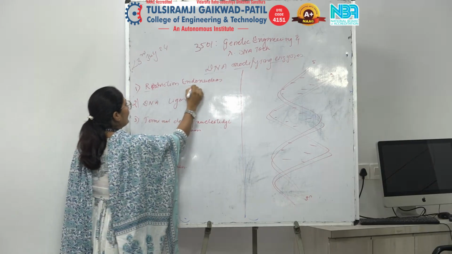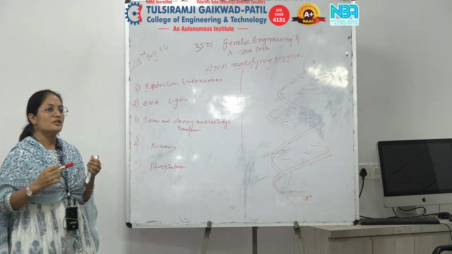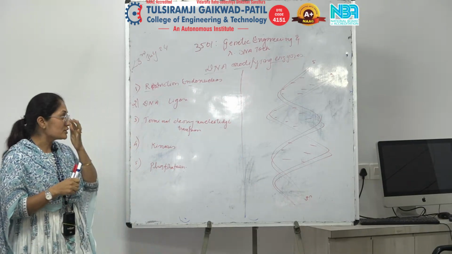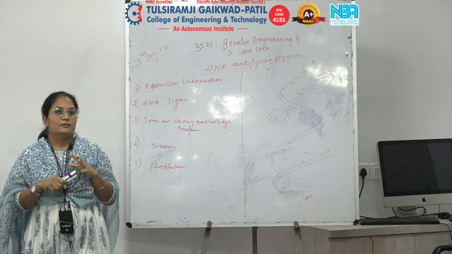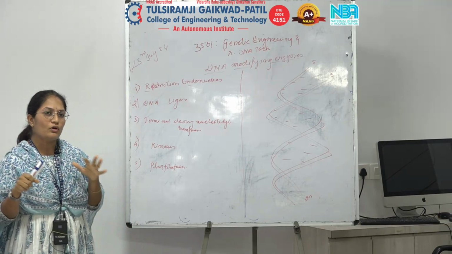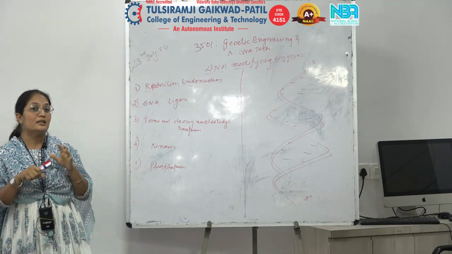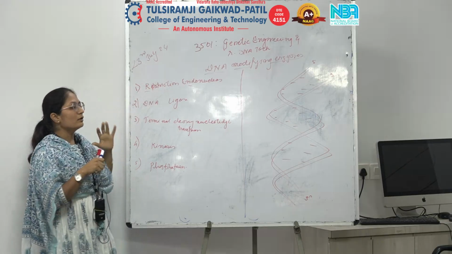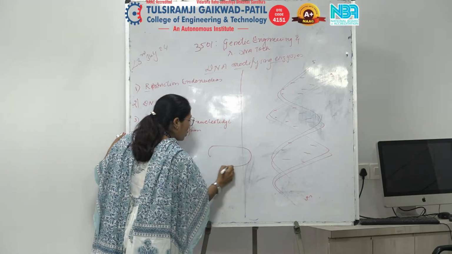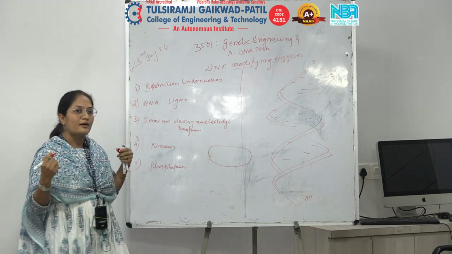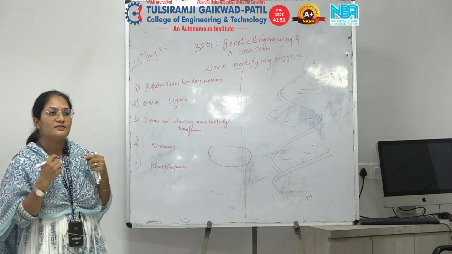Now coming to the very first and the biggest class, the restriction enzymes, all of these are found in bacteria. What is the role of these restriction enzymes when they are present in the bacteria? Just as we human beings have immunity, bacteria have this enzymatic immunity.